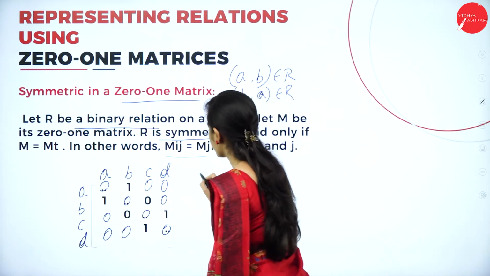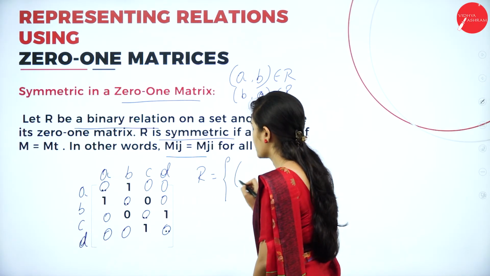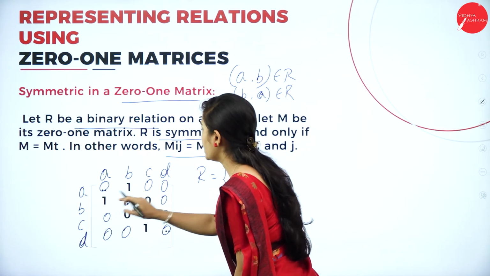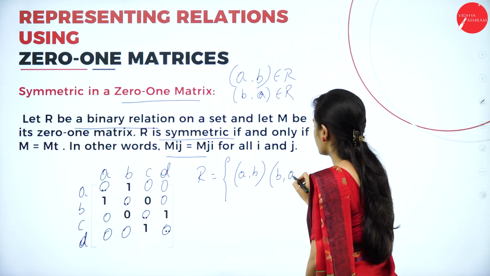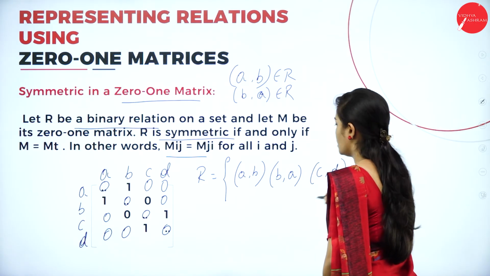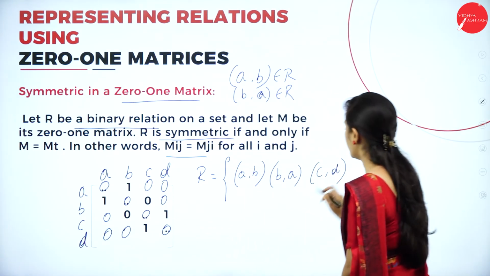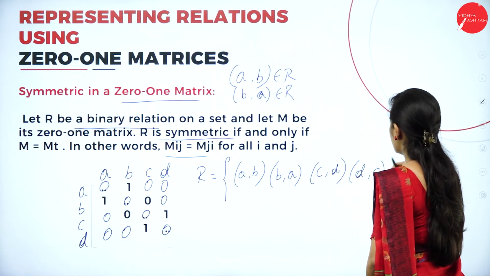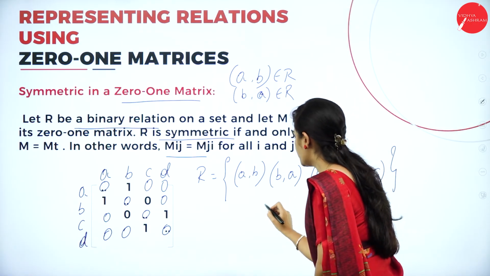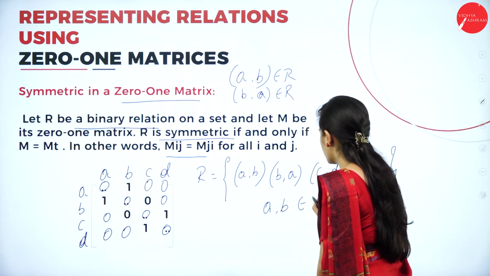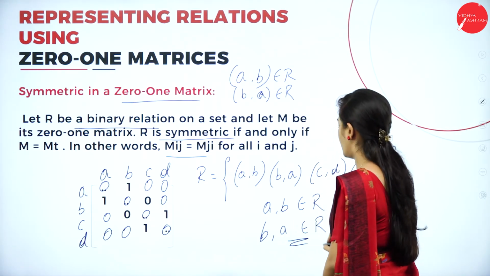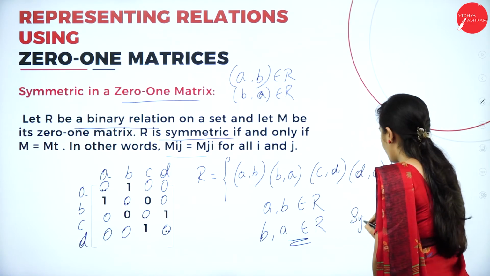So relation R is equal to AB, and in place of BA I have 1, and CD, and in place of DC also I have 1. Is this symmetric? Yes, it's satisfying the symmetric property, because AB belongs to R and BA also belongs to R. It is the symmetric property.